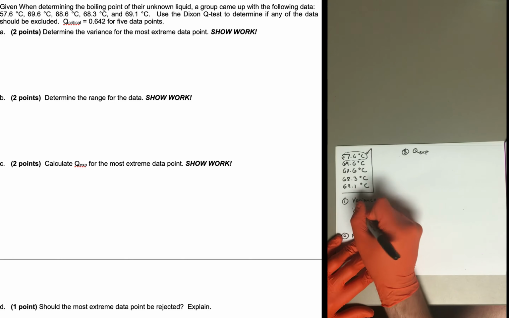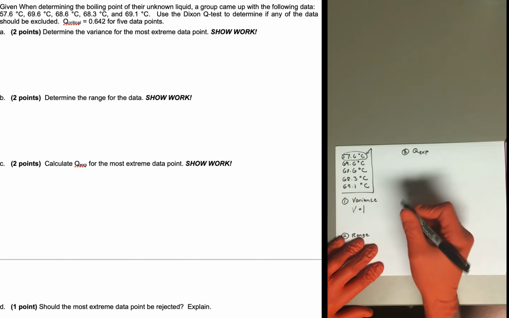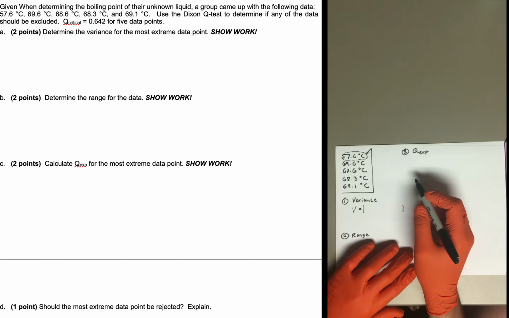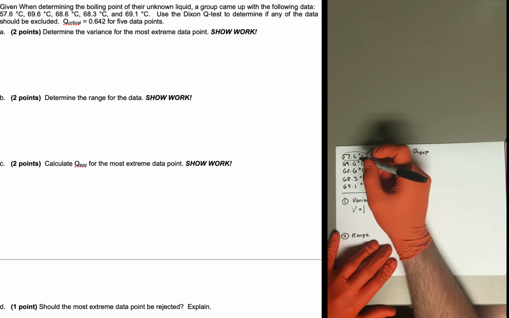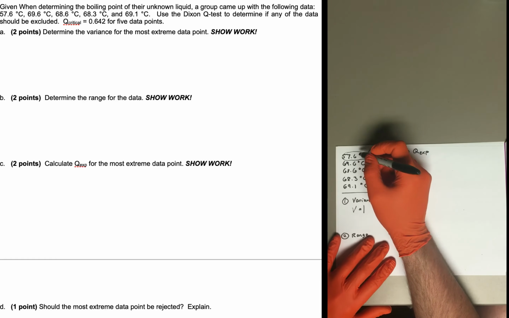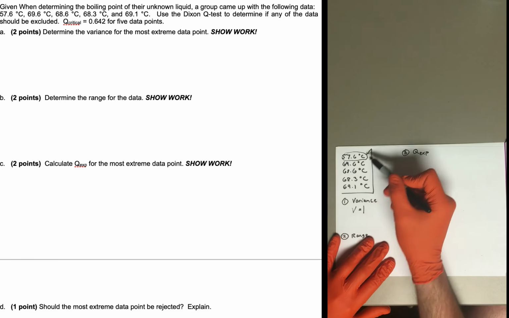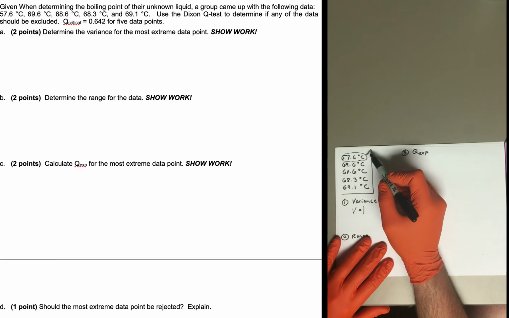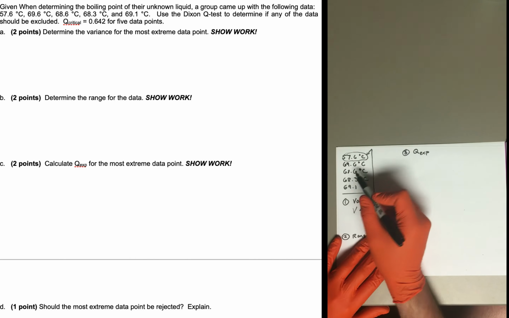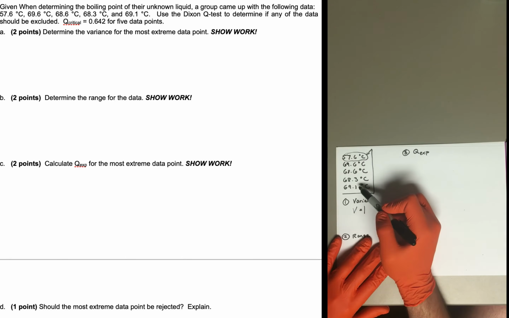So the variance is literally just going to be the absolute value of the difference between this number right here, which is our outlier, and the number that's directly next to it when we put them in numerical order. So obviously 57.6 is our lowest number. If we look for the next lowest number, that would actually be 68.3. So one key with the Dixon-Q test is you have to first put the numbers in order.